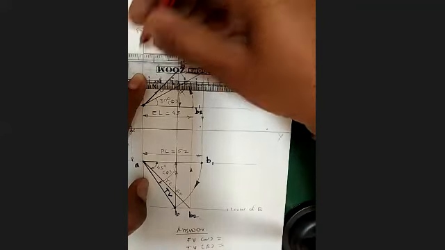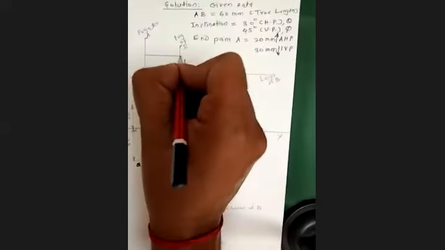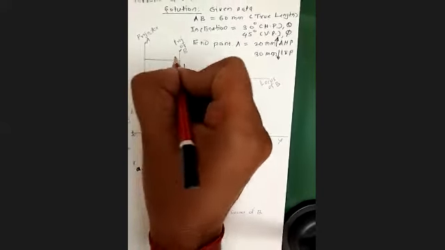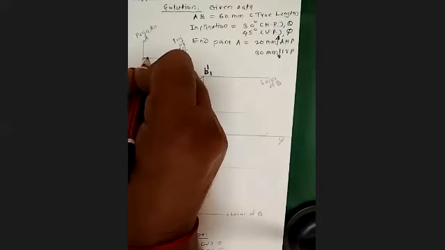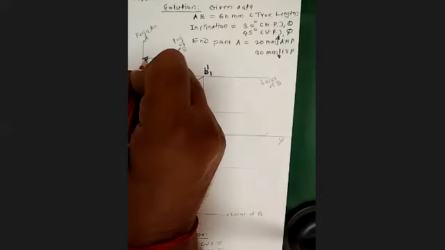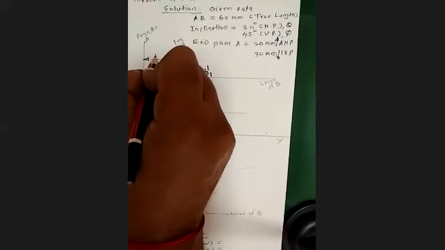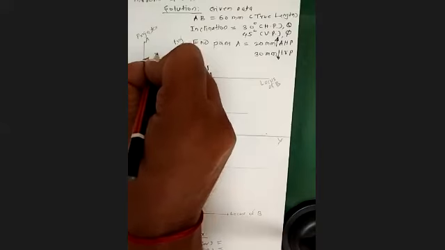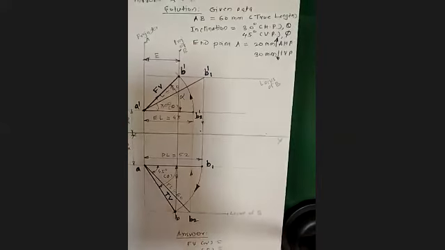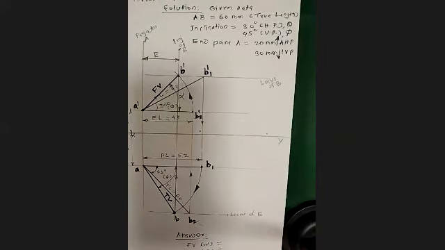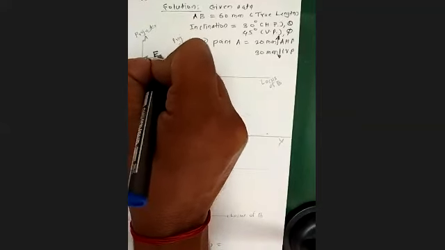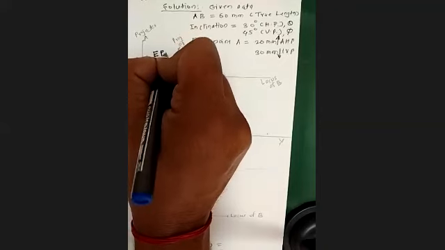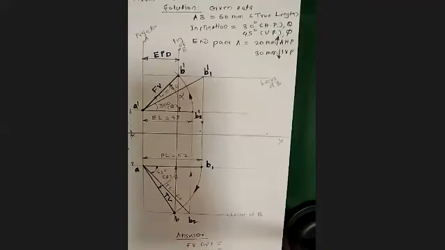This distance is going to give one more term. This is called the end projector distance. I will write here end projector EPD, end projector distance.